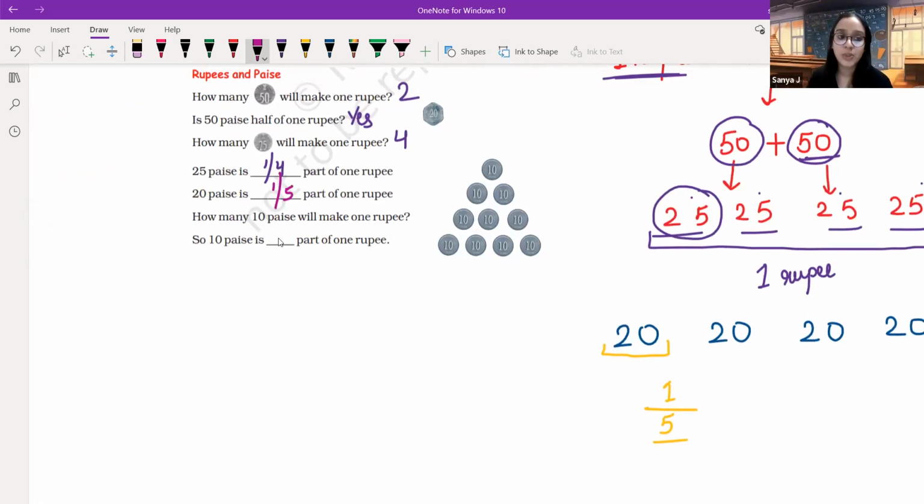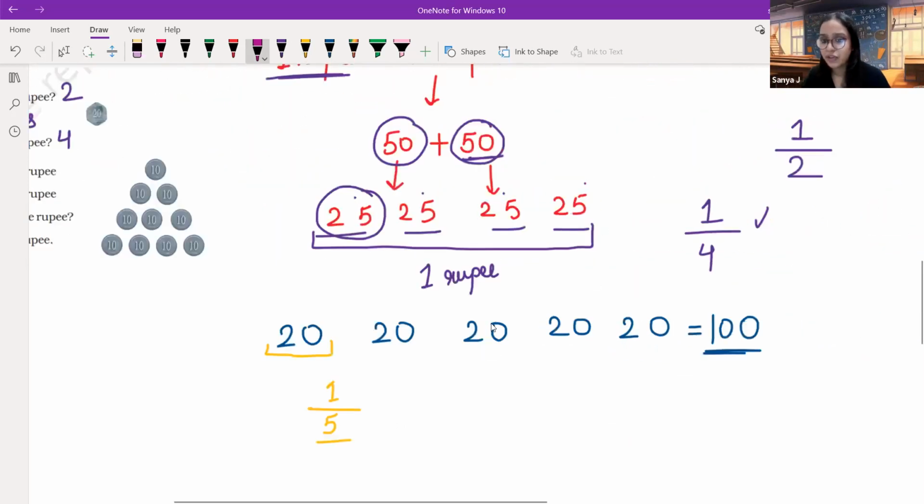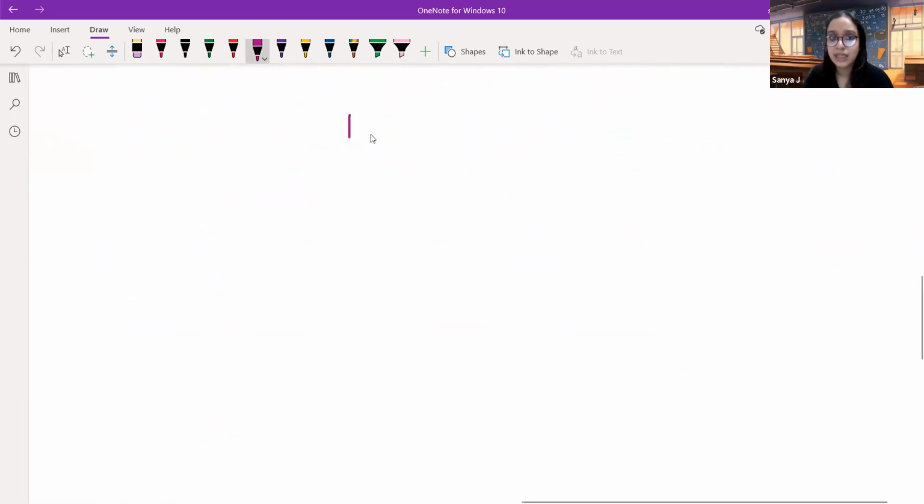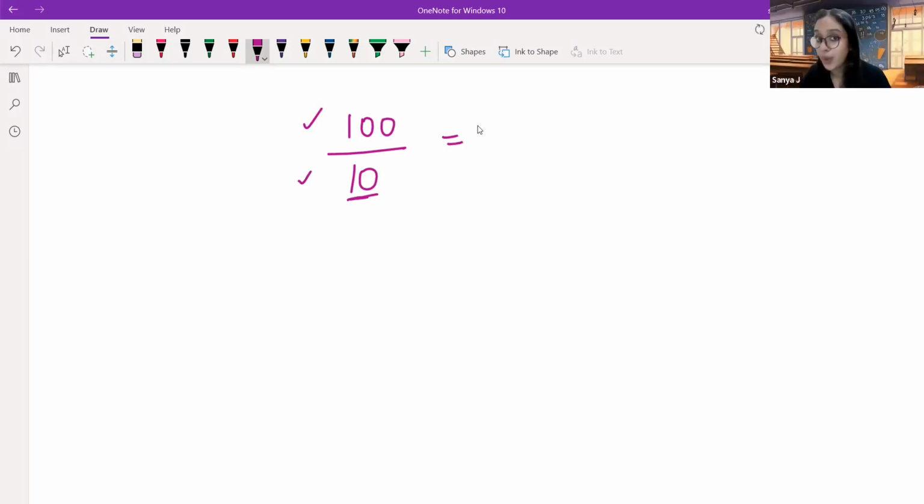Okay, moving on to the next question. How many 10 paisa coins will make 1 rupee? Now, you know what? In 1 rupee, we have 100 paisa, and 100 divided by 10. If we divide 100 paisa by 10 paisa, we are going to have how many coins? 10 coins in total.